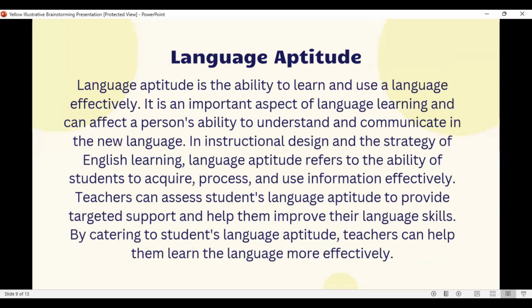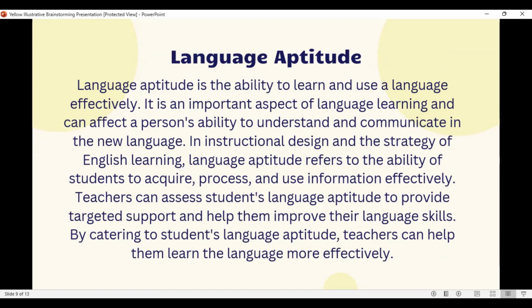Next. And here we have language aptitude. Language aptitude is the ability to learn and use a language effectively. It is an important aspect of language learning and can affect a person's ability to understand and communicate in the new language.